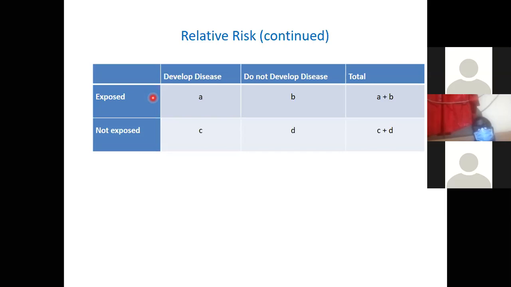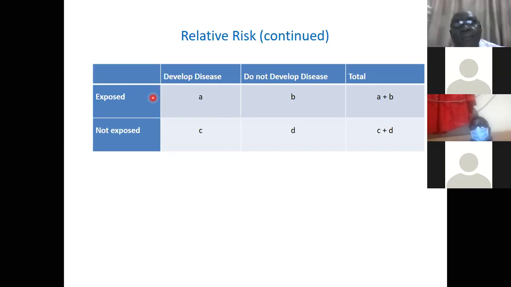So you want to calculate the risk of having lung cancer among the people that are smoking, that are exposed, and compare it with the risk among the people that are not exposed.